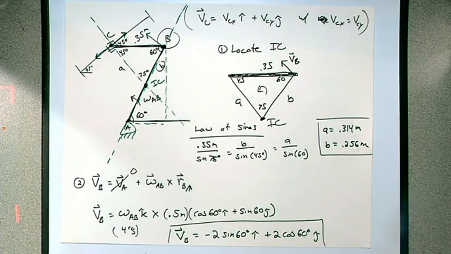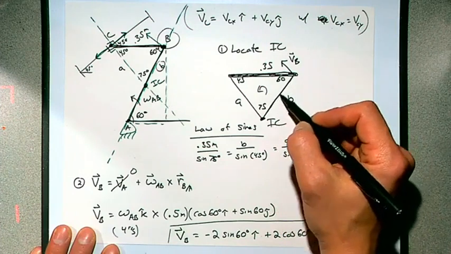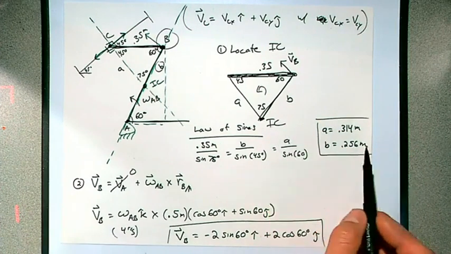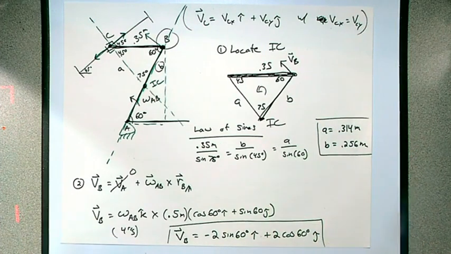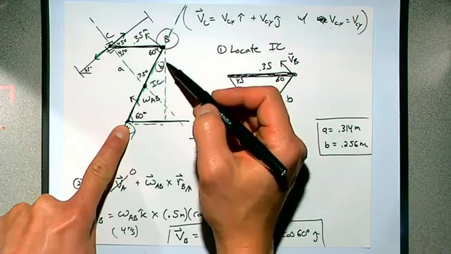Minus 2 sine 60 degrees I plus 2 cosine 60 degrees J is equal to omega BC in the K direction crossed with this vector. Hey, we got that. We told you its length is B, so 0.256 meters. And its direction, cos 60 I sine 60 J.